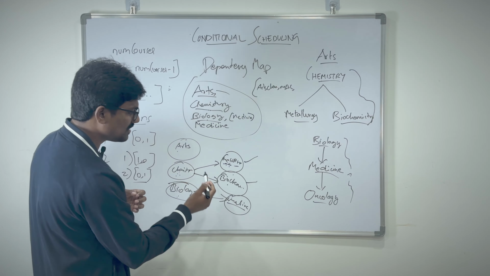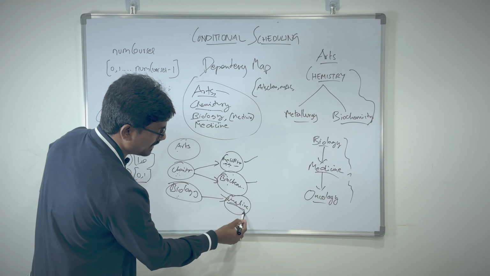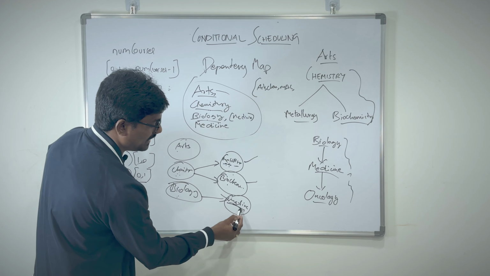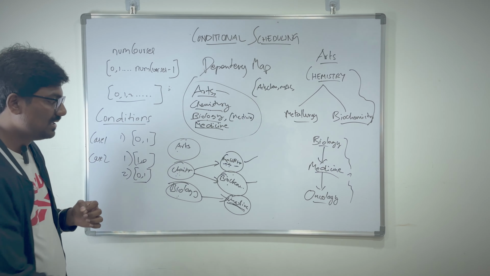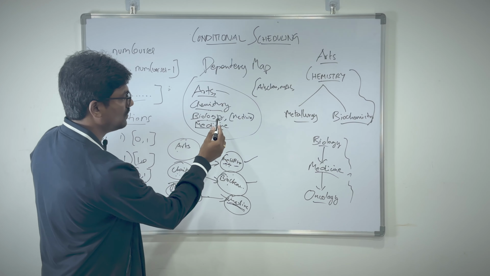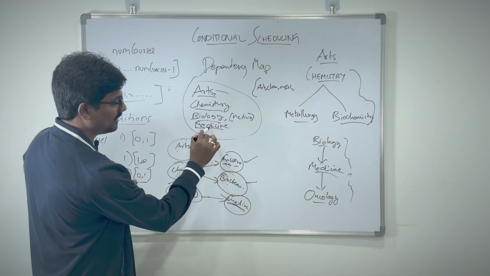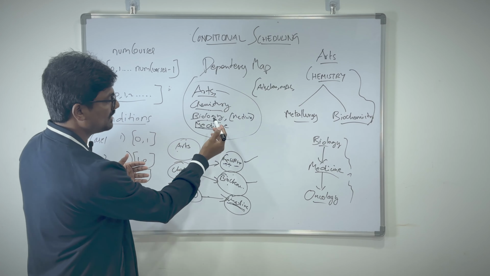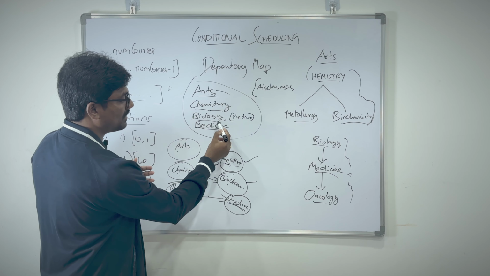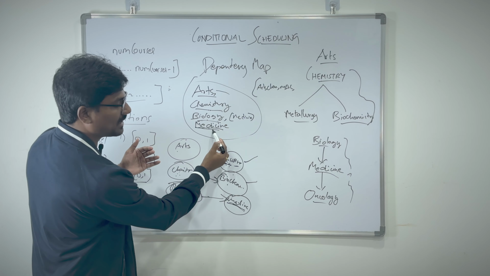The same case, if you apply here, the medicine key is again existing in the dependency map. So once you reach here, the main thing I'm supposed to tell is that after the biology is done, you need to check the next key, right?